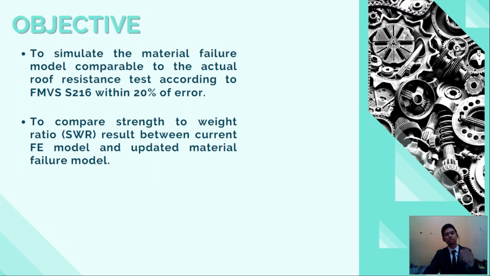So this is my objective. First is to simulate the material failure model comparable to the actual resistance test according to FMVSS 216 within 20% of error. The second objective is to compare the strength to weight ratio SWR result between the current FE model and the updated material failure model.